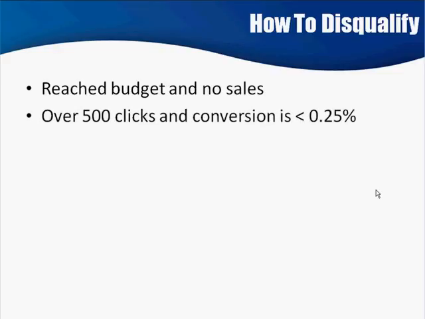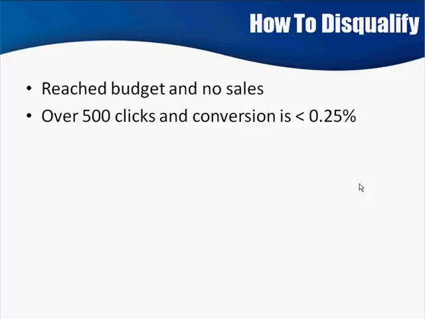If you've got over 500 clicks and the conversion is less than 0.25%, that's a quarter percent, that would mean, and there is one exception to the rule that I'll mention in just a minute, let's say, for example, you're getting 35-cent clicks. If you get 35-cent clicks and you got 500 clicks, that's going to cost you $175, right? If the commission on that product is less than $43.75, then we're going to just blow it away.